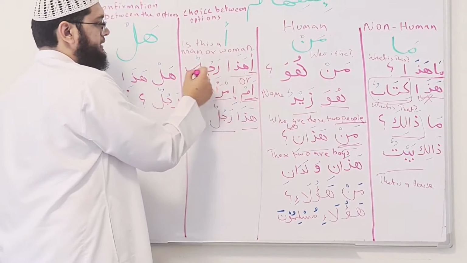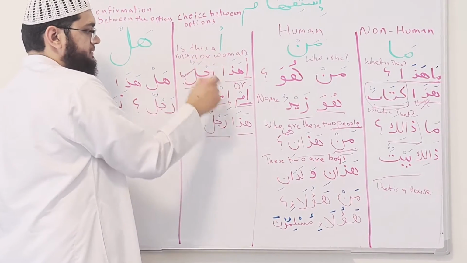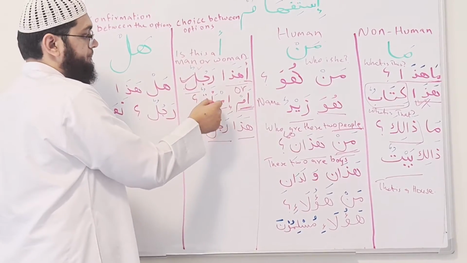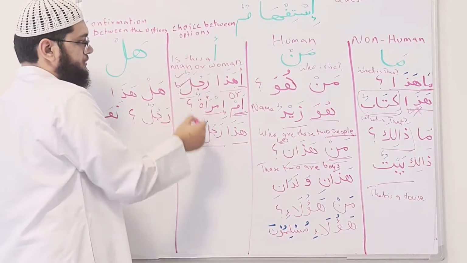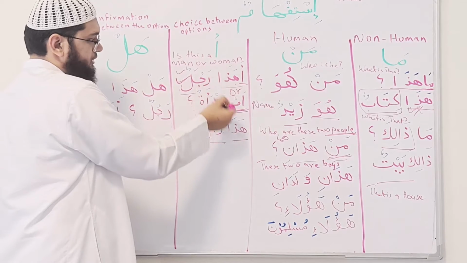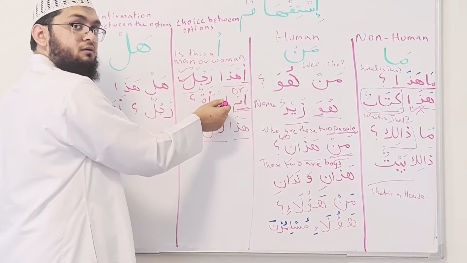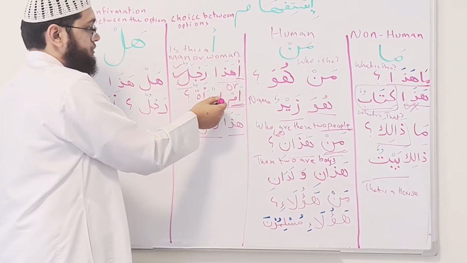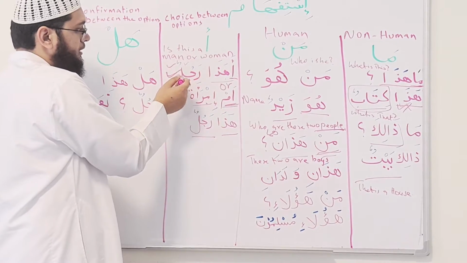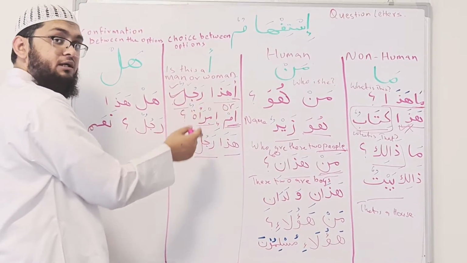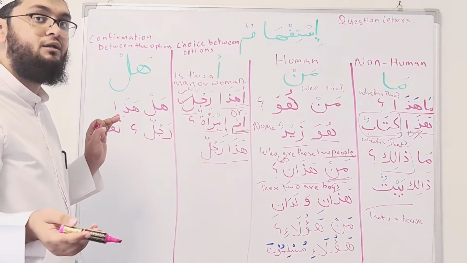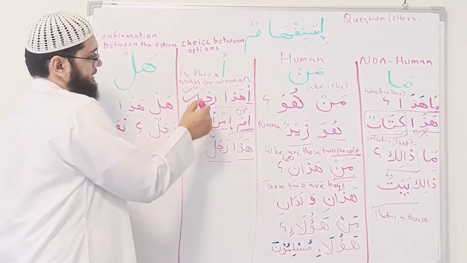And the thing that is opposite will come after. Here it's rajulun, the opposite of male is female, so here it's imra'a. So ahada rajulun, is this a man? Now, or, then it has to be the opposite of man. That is woman, imra'atun.